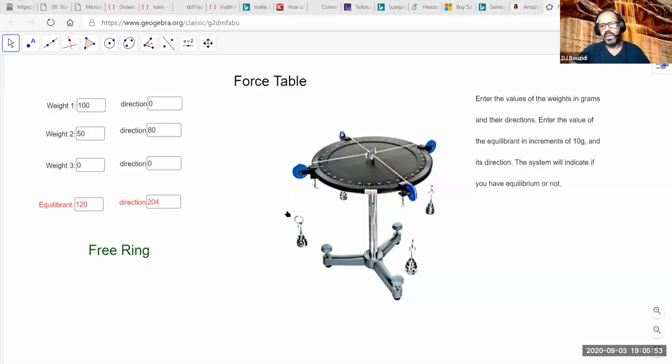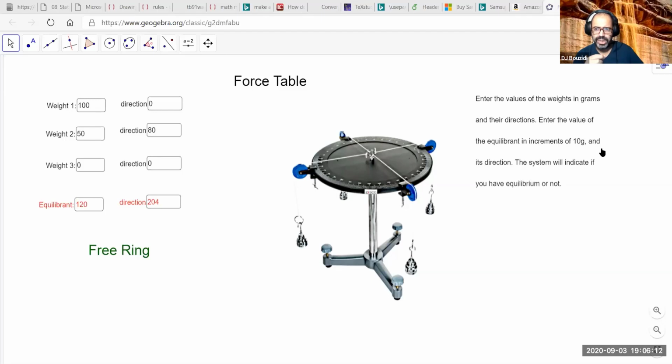It takes me to the GeoGebra link basically, and it tells you in here what to do. Enter the value of the weights in grams and their directions. Enter the value of the equilibrant of 10 grams. This is the trouble with the lab. When we do the lab, fine grams are expensive.